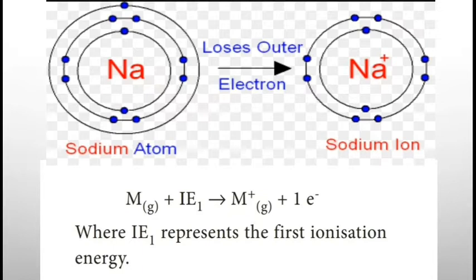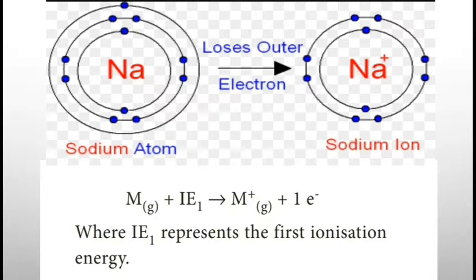So generally we can represent it as any metal in gaseous state losing an electron to become a cation, and for this process we have to supply some amount of energy, that is called ionization energy, IE. Here the 1 represents the first ionization energy, that means the removal of the first electron.